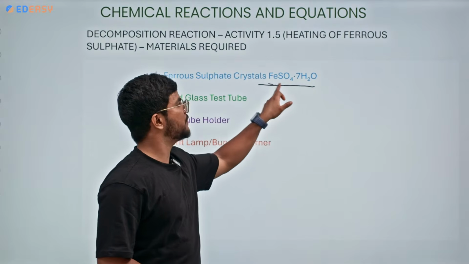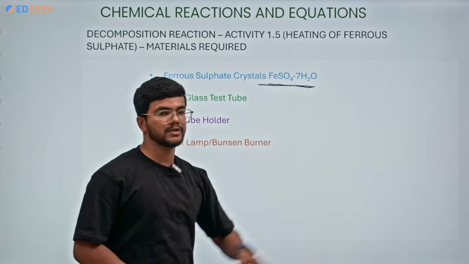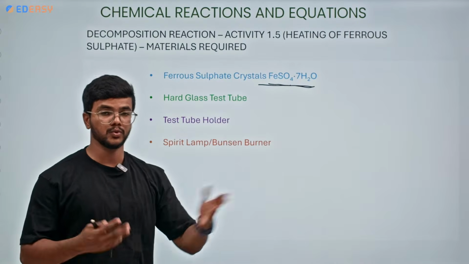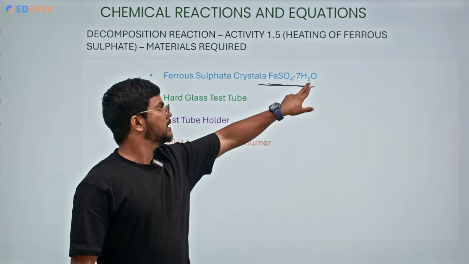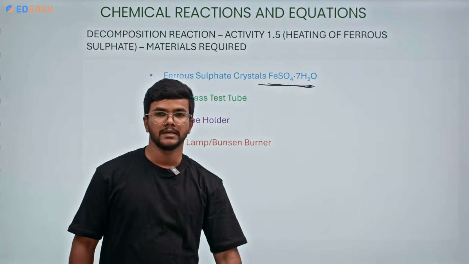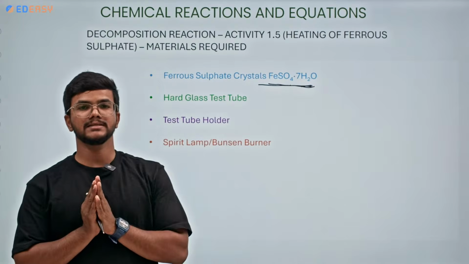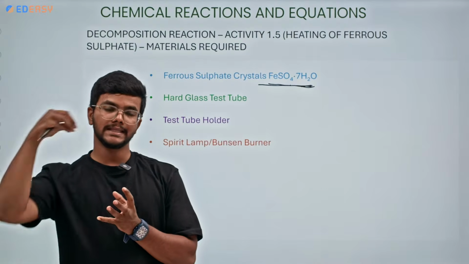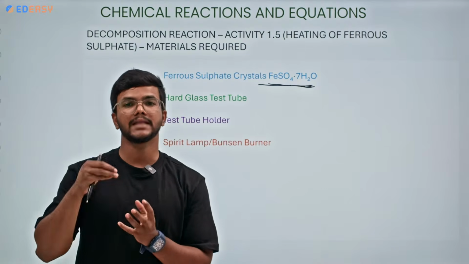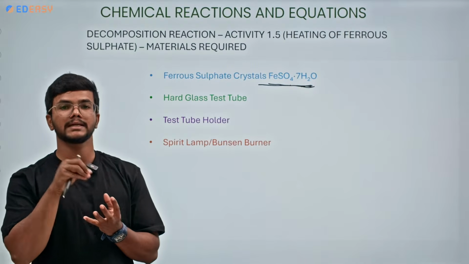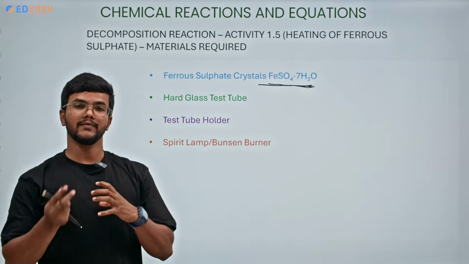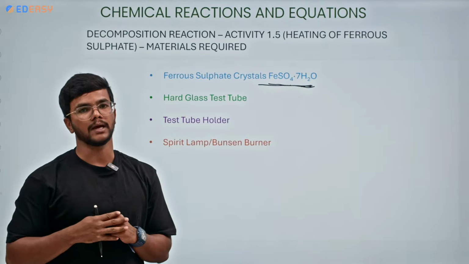The actual formula is FeSO4, so what is the need of the H2O? FeSO4 is the ferrous sulfate, but what is the use of the H2O? In some chemicals, the water molecules will be in the molecular formula. That is nothing but water of crystallization. So the water will already be in the chemical formula.